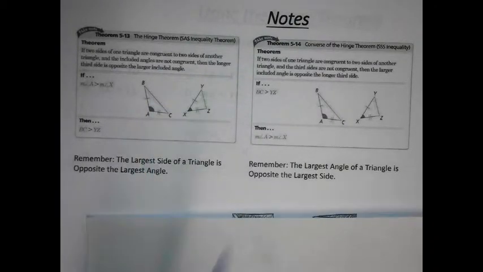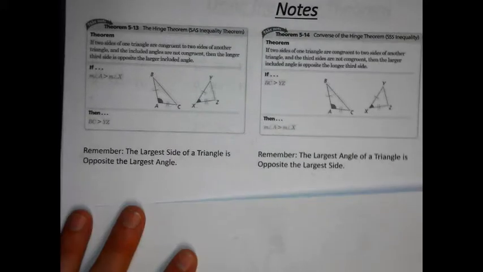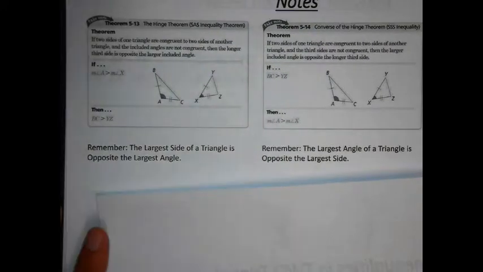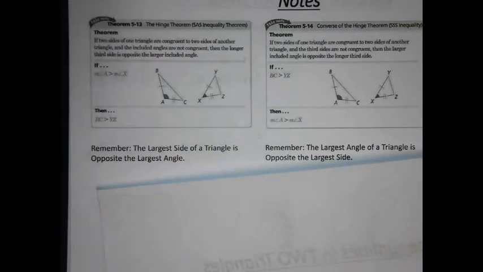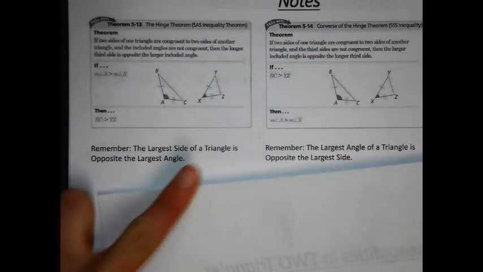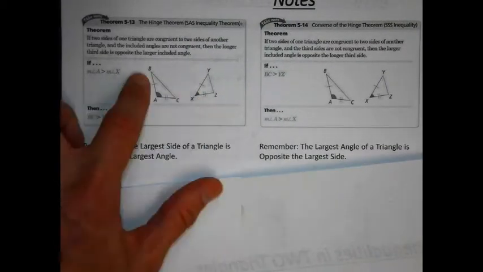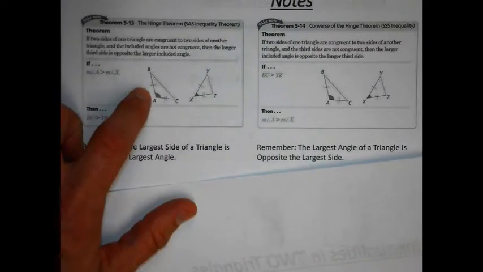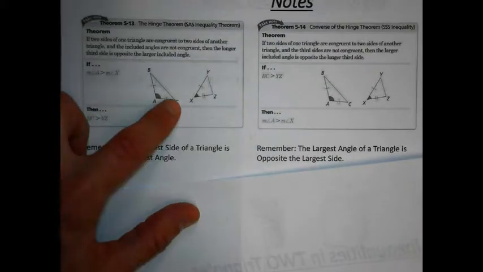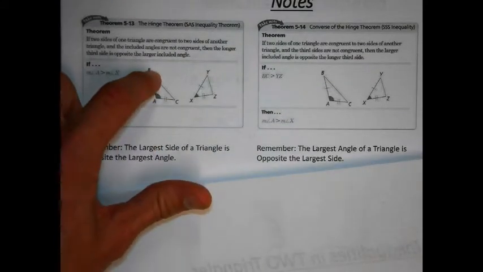If you paid attention to the previous lesson, you should be thinking, yeah, true, because the largest side of a triangle is opposite the largest angle. That is the Hinge Theorem.